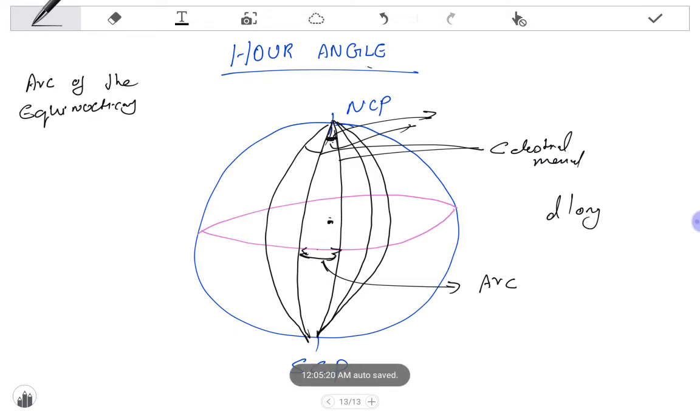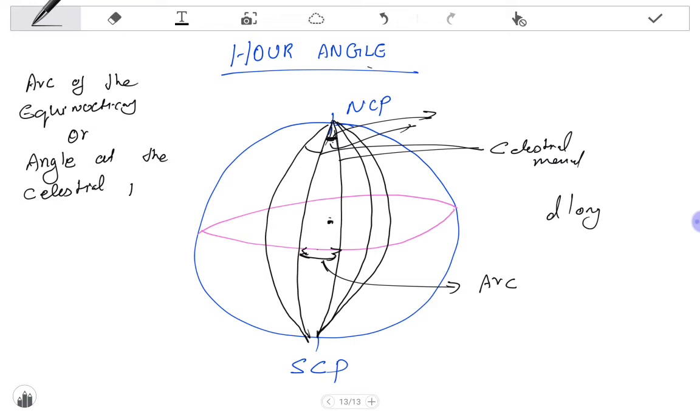So it is the arc of the equinoctial or angle at the celestial pole, contained between any two celestial meridians.